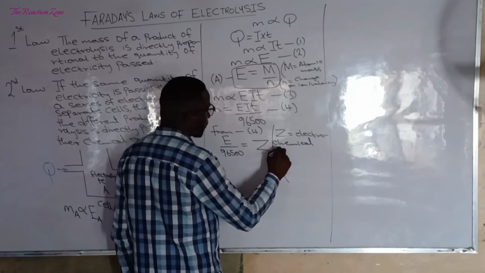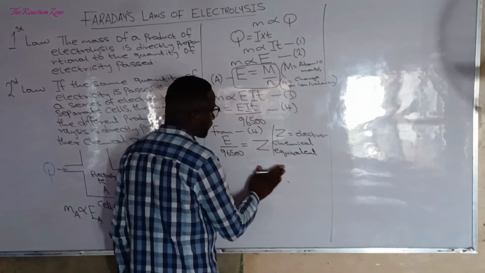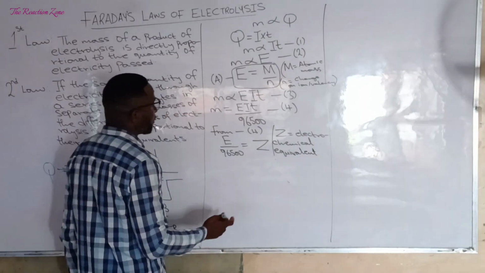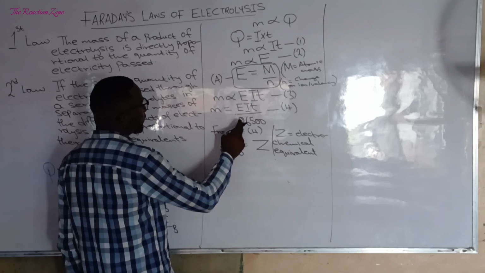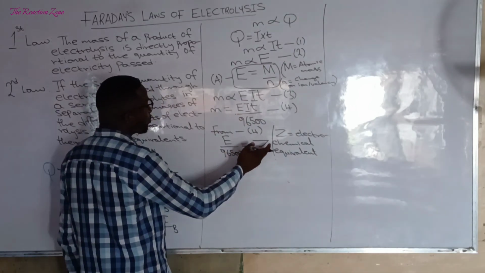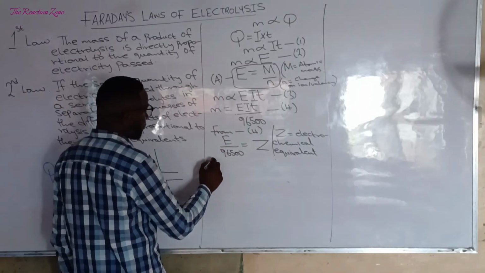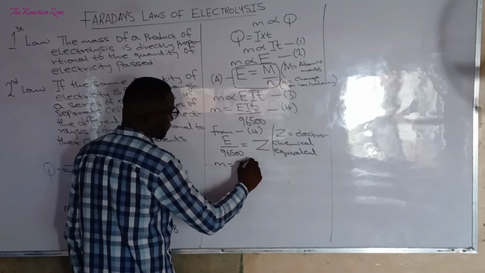And what this means is that in place of E over 96,500, I can put Z. And when I do that, my equation 4 is going to become m is equal to ZIT.